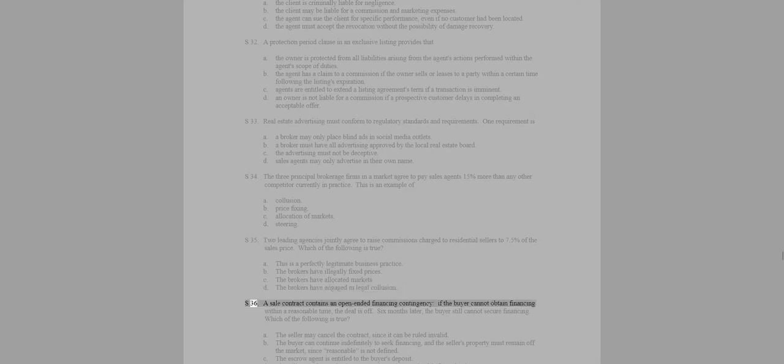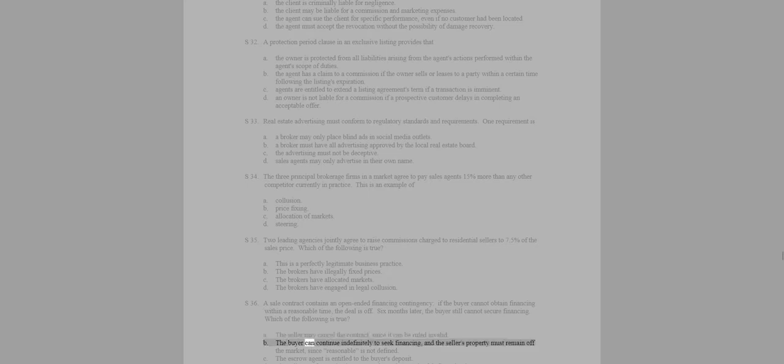S36. A sale contract contains an open-ended financing contingency. If the buyer cannot obtain financing within a reasonable time, the deal is off. 6 months later, the buyer still cannot secure financing. Which of the following is true? A. The seller may cancel the contract, since it can be ruled invalid.